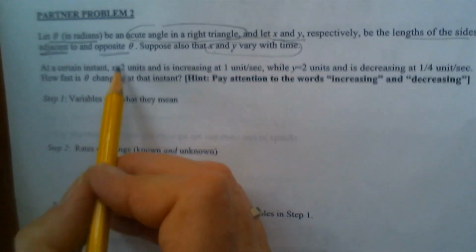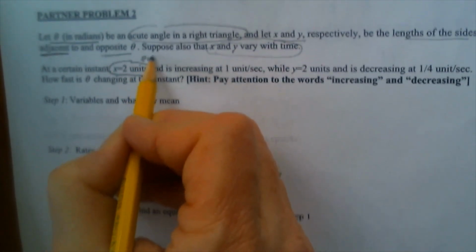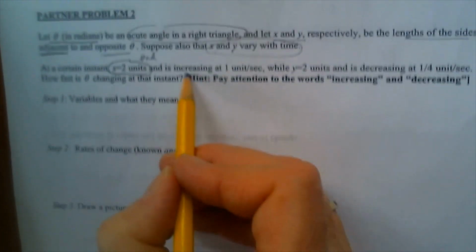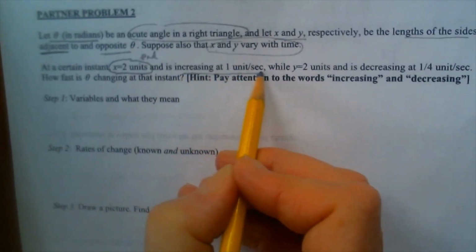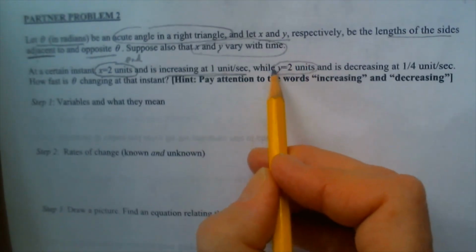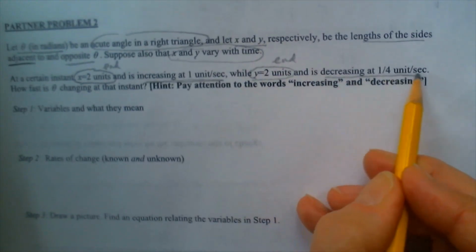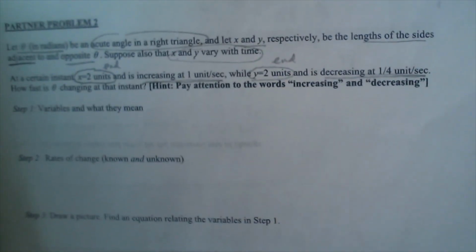So at a certain instant, X equals 2 units. That's what we're going to put at the end on step 5, and is increasing, so dx dt is going to be 1 unit per second, and at the end we're going to put in y equals 2 units, step 5, and is decreasing, so that would be a negative 1/4 unit per second.